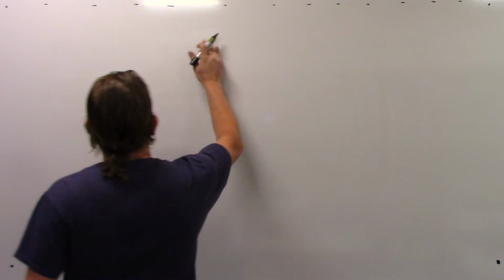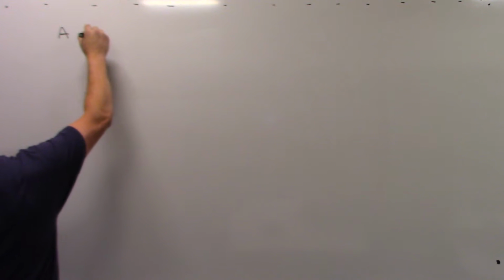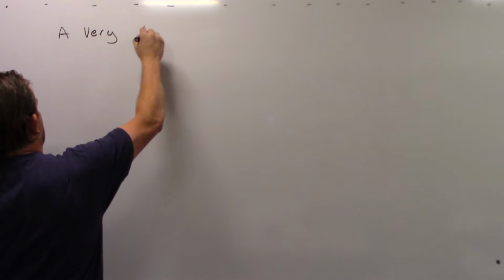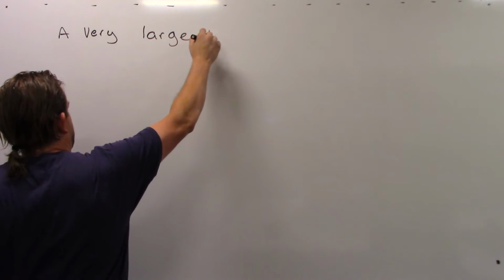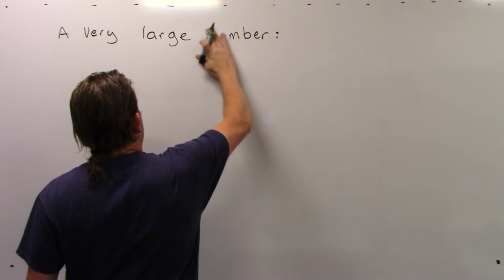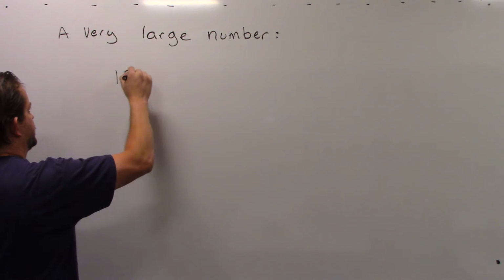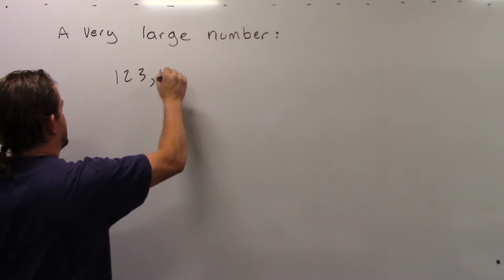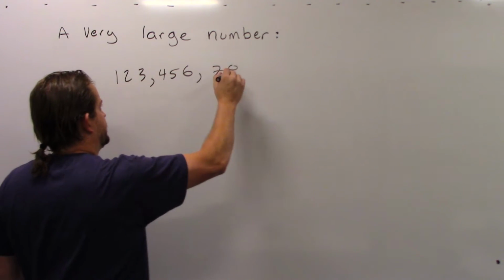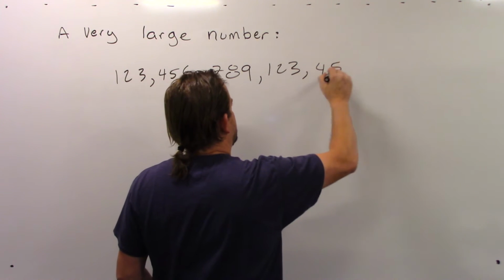So let's suppose we have a very large number. Let's say, oh, I don't know, 1, 2, 3, 4, 5, 6, 7, 8, 9, and let's just keep going here. Right?